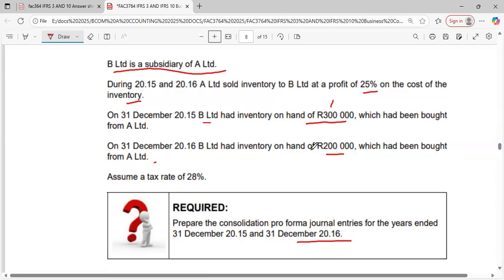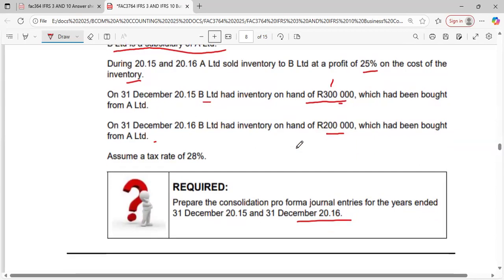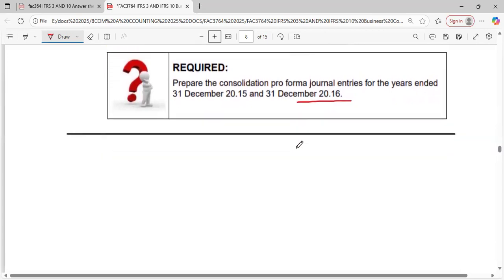These pro forma journal entries are the elimination journals. So which means we want to do the elimination of the unrealized profit in this closing inventory. That's what we want to do on this journal. We want to eliminate the unrealized profit in the closing inventory. So how are we going to do it? Let's just come here into our journal.